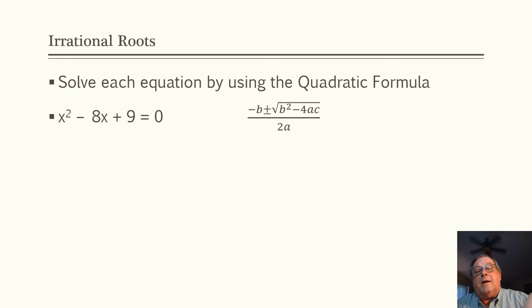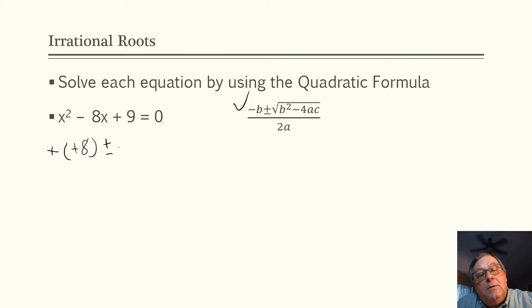All right, so again, here is our quadratic formula. Our quadratic equation is x squared minus 8x plus 9, and let's go about just plugging and chugging here. So we got negative b, but this is negative 8, which means that's going to become positive, correct?